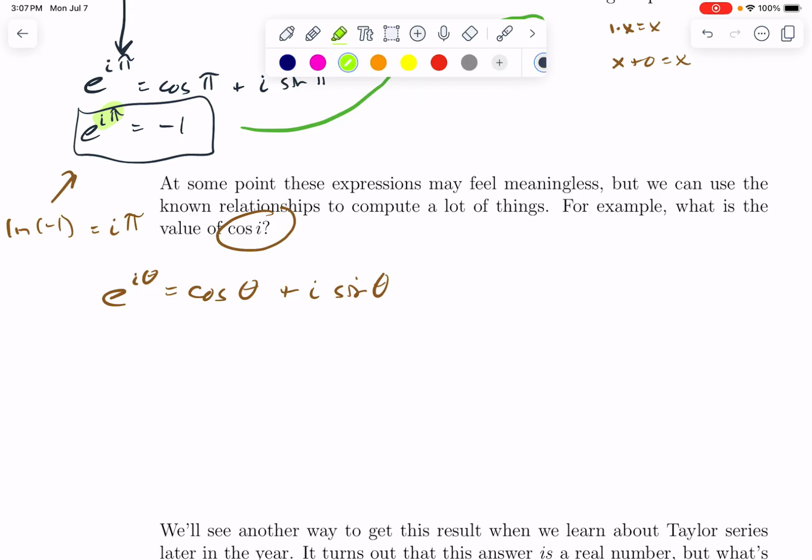And we're trying to figure out what cosine of i is. So everywhere I see a theta here, I'm going to put in i. So e to the i times i is cosine of i plus i times sine i. So what that means is e to the -1, since i times i is -1, is cosine of i plus i sine i.